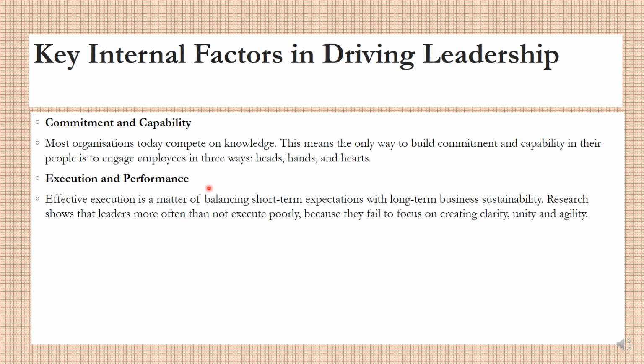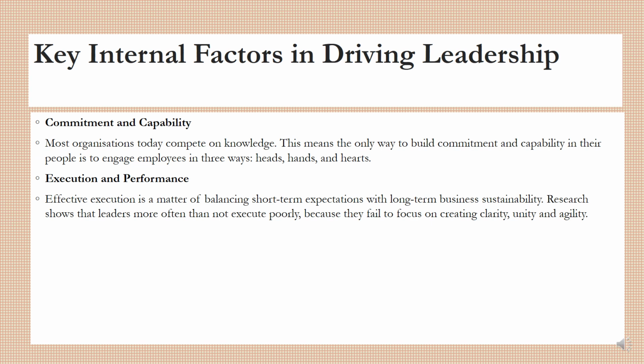Then execution and performance. Now, effective execution is a matter of balancing short term expectations with long term business sustainability. Research shows that leaders more often than not execute poorly because they fail to focus on creating clarity, unity, and agility.